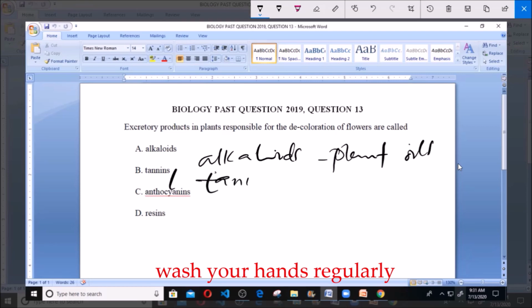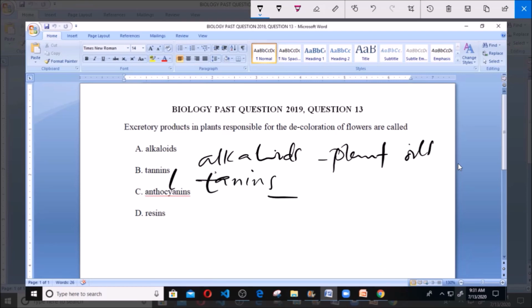we have tannins. Now, tannins and resins are stored in leaves and stems of plants. Tannins protect the tree from being infected by bacteria. So it protects the tree from bacterial infection.